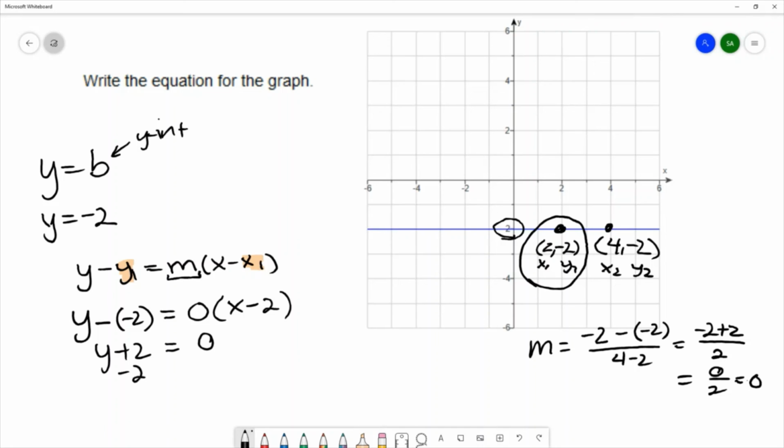And then I'll subtract 2 on both sides to get y equals negative 2. So we get the equation of the line that way. So if you've memorized what horizontal lines' equations look like, you can do it that way. If not, you can go through the process of calculating the slope and substituting the slope and a point into point slope form to get our equation of y equals negative 2.